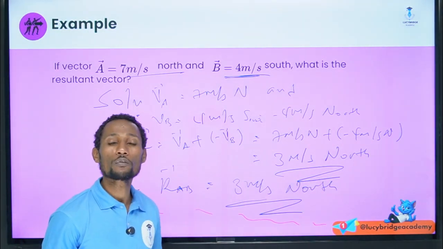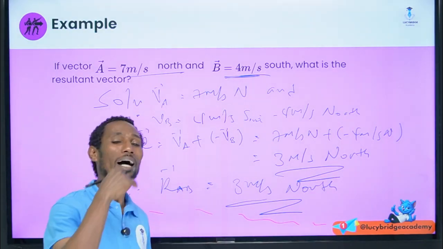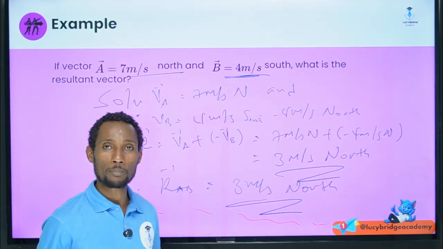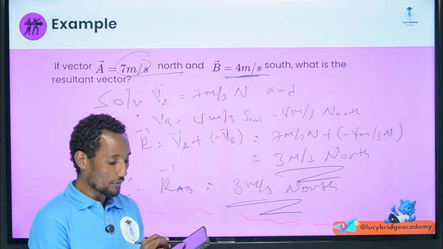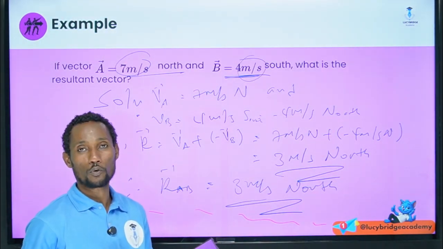Here, the direction of the result of this vector subtraction depends on the maximum magnitude of the vector. Here the maximum magnitude is that of A, 7 meters per second, rather than 4 meters per second.